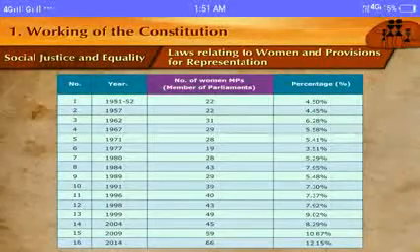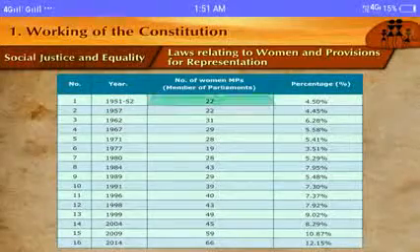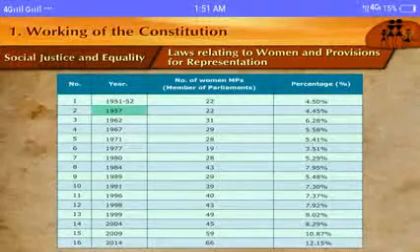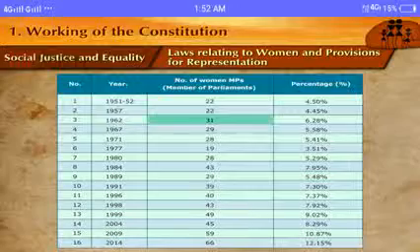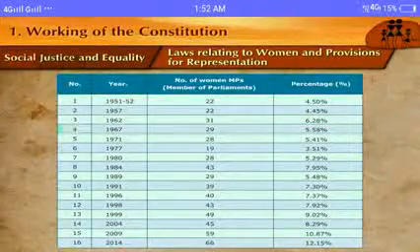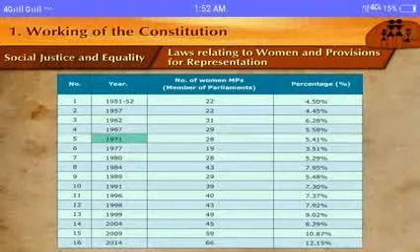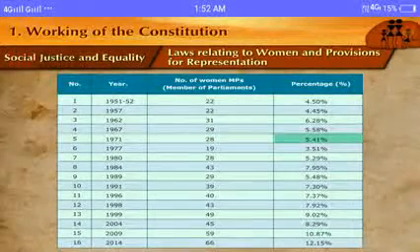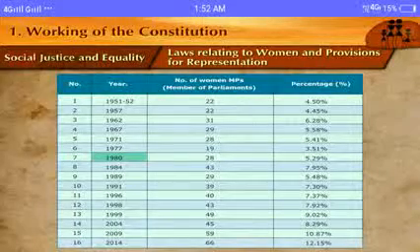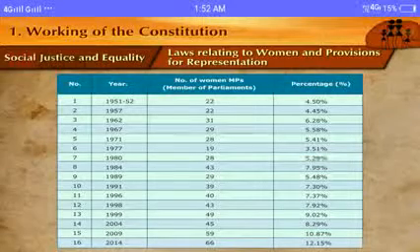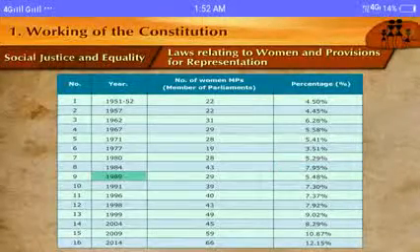Number, year, number of women MPs or Members of Parliament, percentage. 1. 1951-52, 22, 4.50%. 2. 1957, 22, 4.45%. 3. 1962, 31, 6.28%. 4. 1967, 29, 5.58%. 5. 1971, 28, 5.41%. 6. 1977, 19, 3.51%. 7. 1980, 28, 5.29%. 8. 1984, 43, 7.95%. 9. 1989, 29, 5.48%.